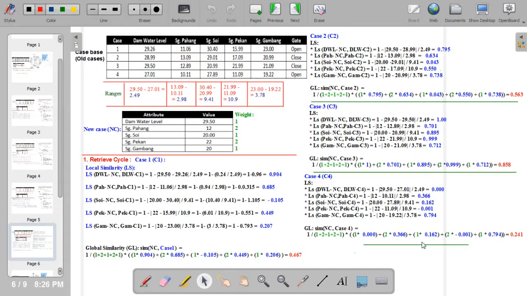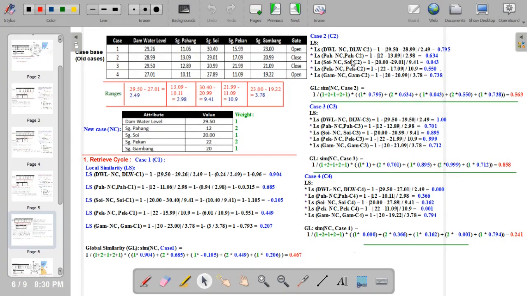You can check your answer with me here. We have identified that the new case is similar to the second case with a similarity degree of 0.563.